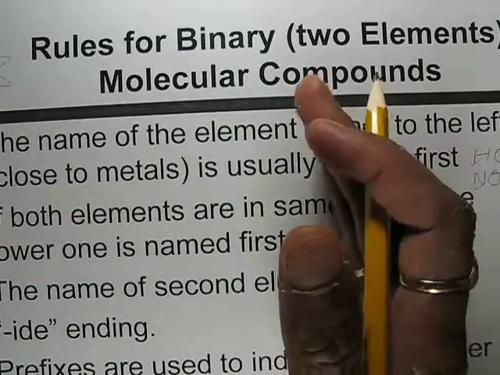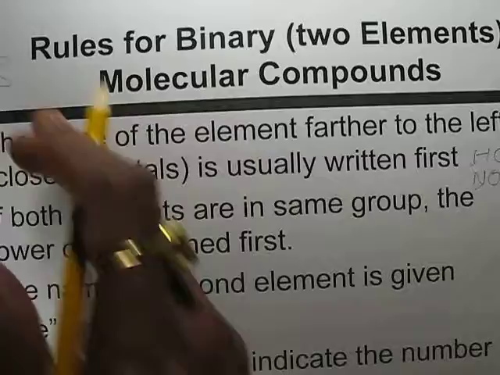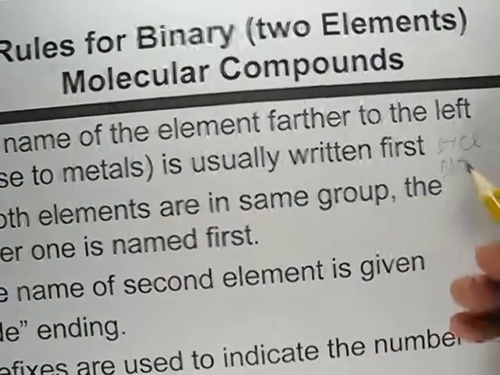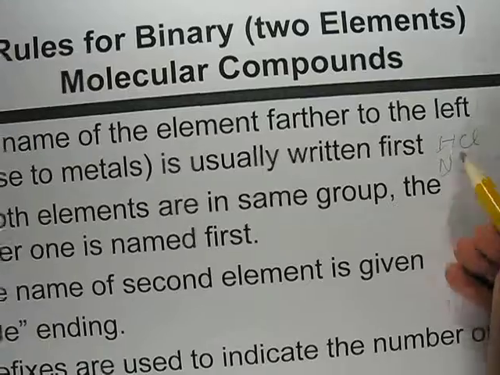If you see the periodic table, the element on the left side, toward the metals, is written first.